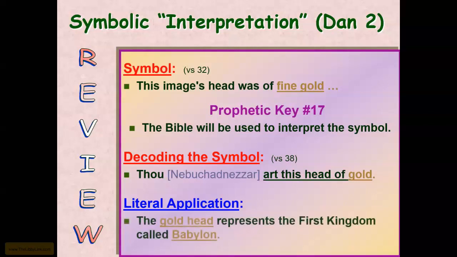Then we made the historical literal application to the king and kingdom of Babylon. So in this application, the gold head represents the first kingdom called Babylon. Those are the steps needed when symbols are present, and they always follow in that order.